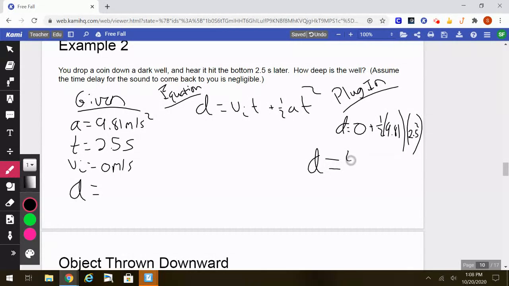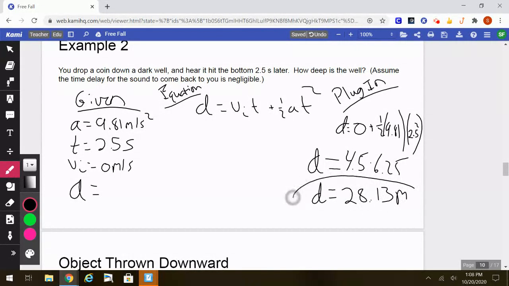D is equal to 1/2 times 9.81, which is 4.5, times 2.5 squared. 2.5 squared is equal to 6.25. Let's multiply those together. And you get the distance of that well was 28.13 meters long.